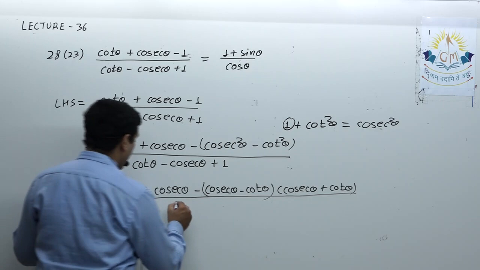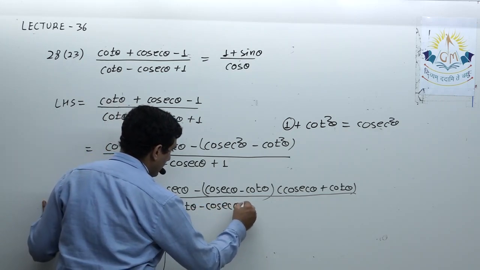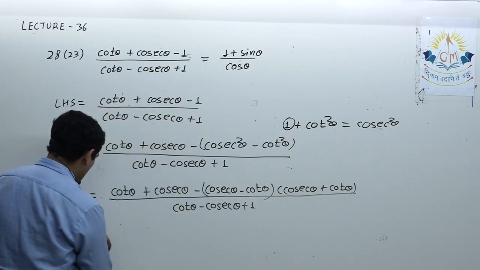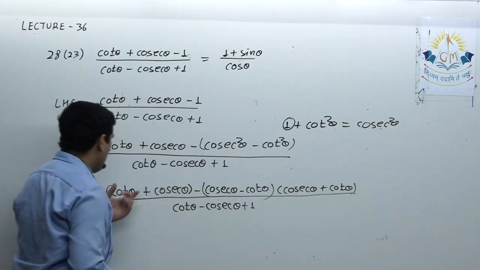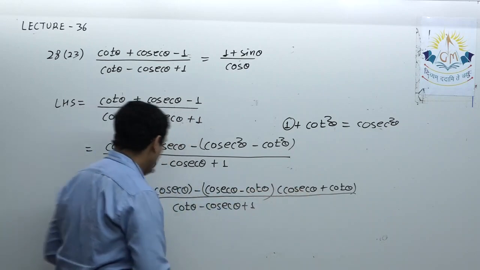The denominator remains the same, cot theta minus cosec theta plus 1. Now you can observe that cot theta plus cosec theta is common in the numerator.